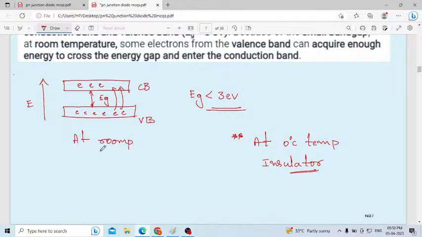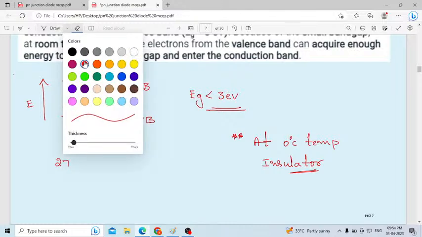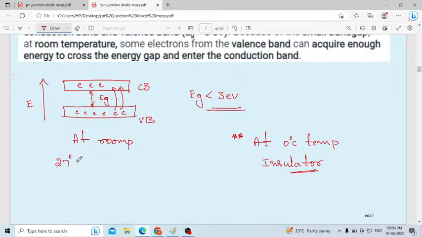Then at room temperature, normally maybe 27 up to 30 degree centigrade you can consider. Normally we will consider 27 to 28 as room temperature.